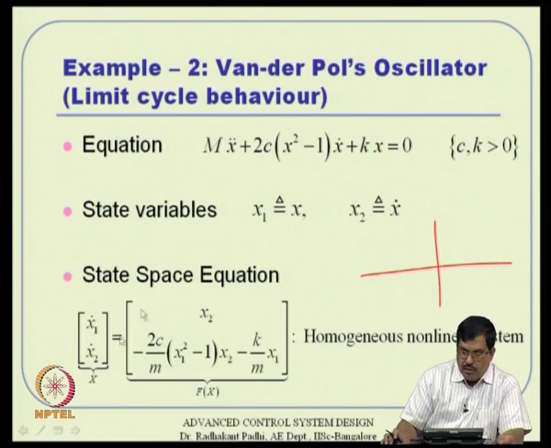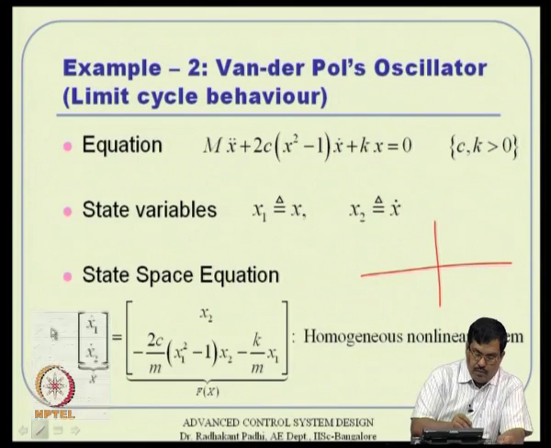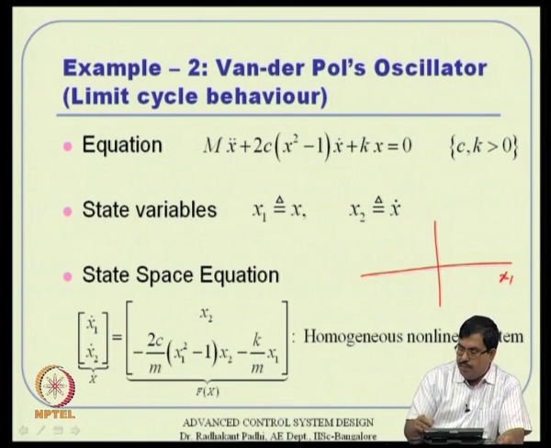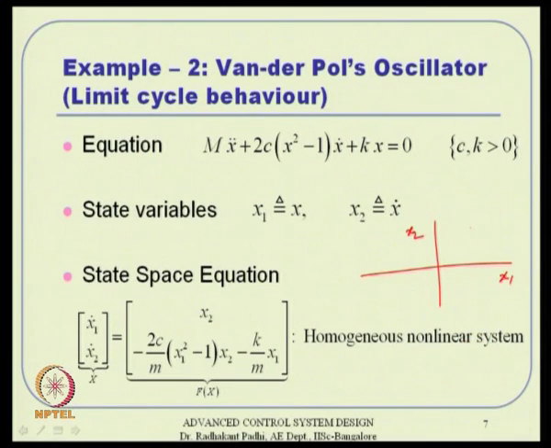So, this is the nonlinear system, and the beauty of this system is if I just plot these variables, this is called a phase plane diagram, x 1 of t in one axis and x 2 of t in the other axis, then it results in a closed trajectory.